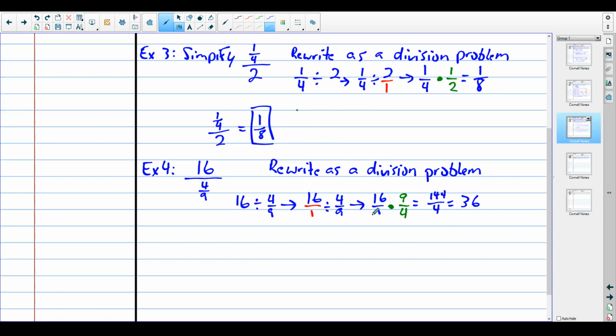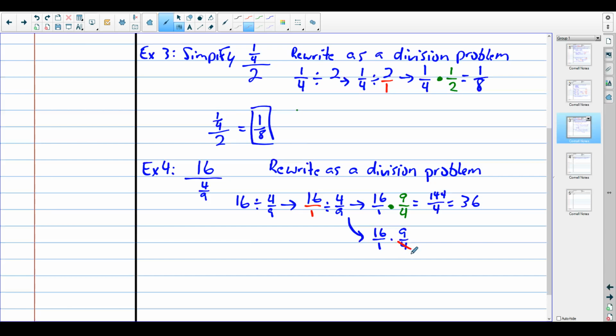Or since I don't really like dealing with big numbers so much, I'm going to try this again. So I'm going to go back to this step. Okay. Alternate path through history. And I'm going to say 16 and 4, I know I can simplify. Because I simplified it by 4 up here, so I know I can simplify by 4 earlier as well.